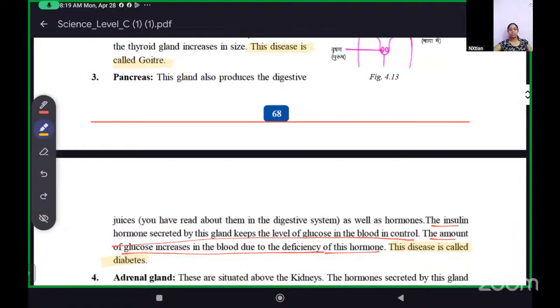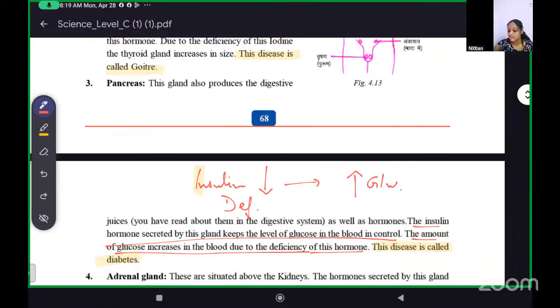When we don't have a sufficient amount of insulin, or its deficiency is there, the glucose or sugar content rises because it cannot be controlled.